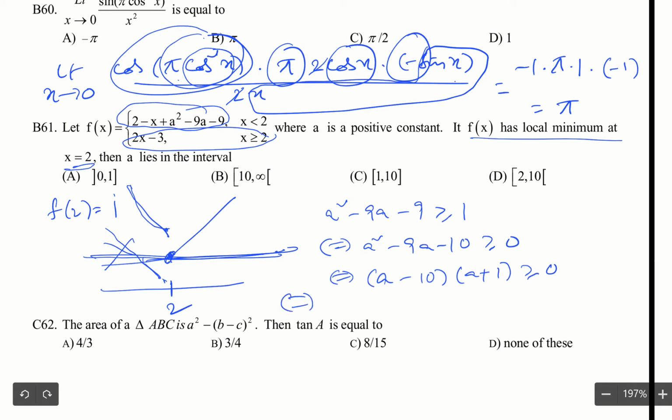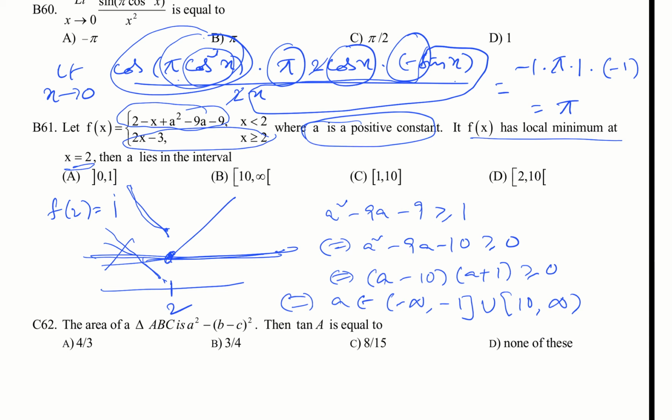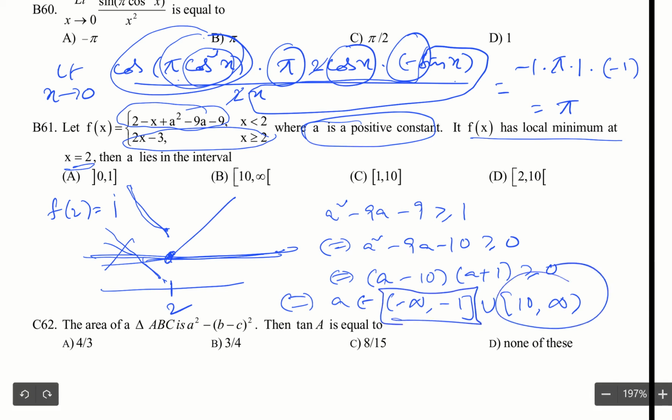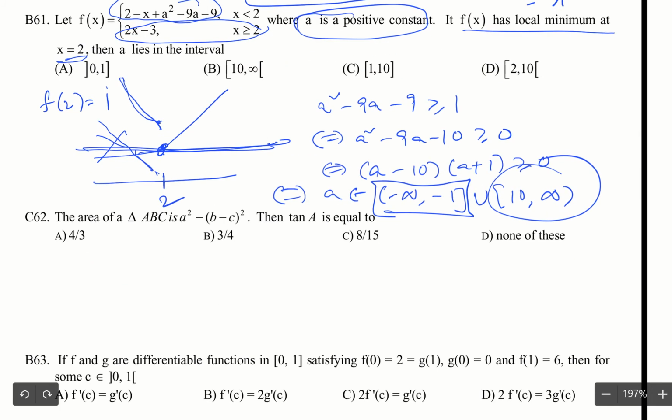So this is if and only if a belongs to (minus infinity, minus 1] union [10, infinity). But he gave that a is positive, and therefore I cannot have this as part of the solution set. So only this is the answer, and that is why B is the answer.